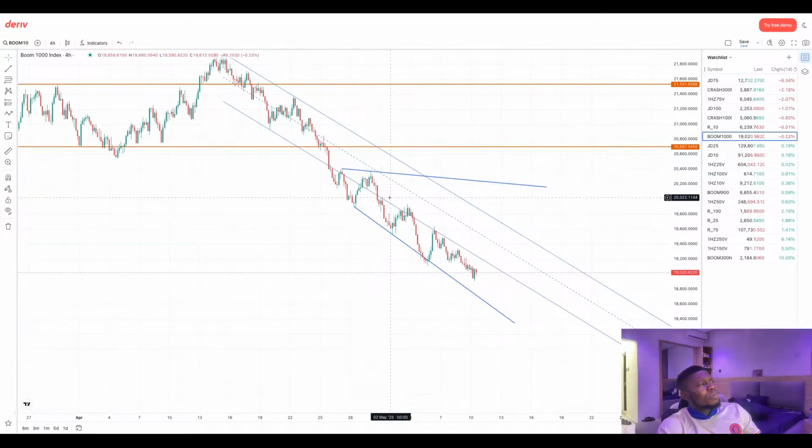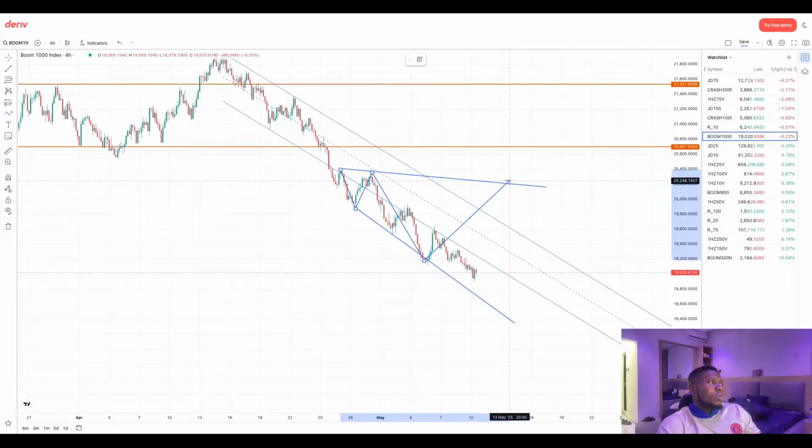So this still looks like a continuation pattern, not a reversal, no matter how it looks like an expanding wedge, because of the way it's forming.